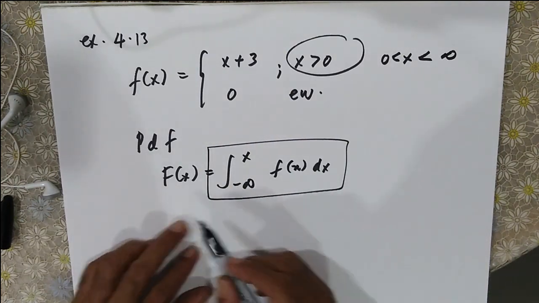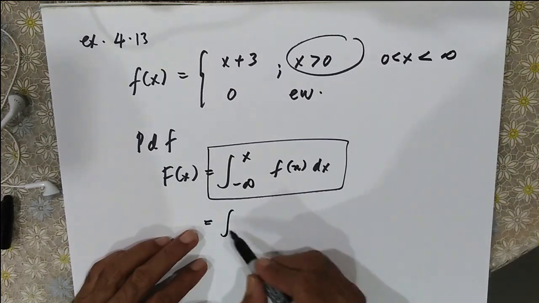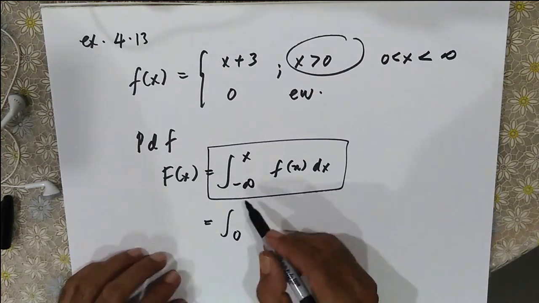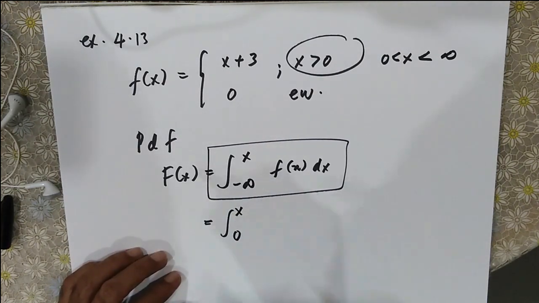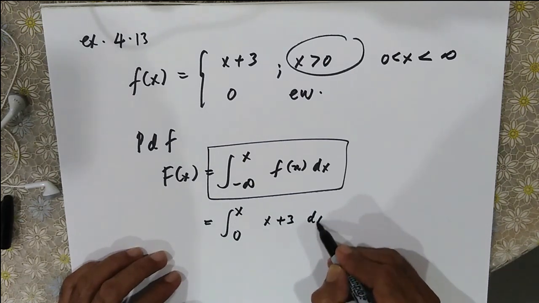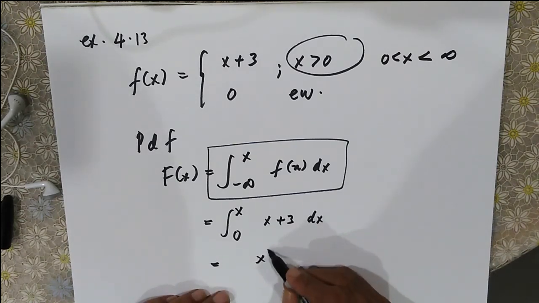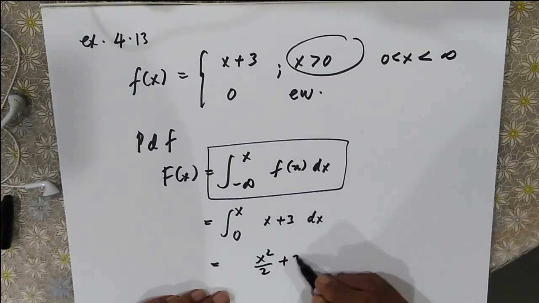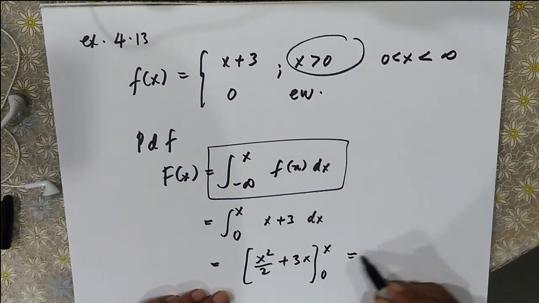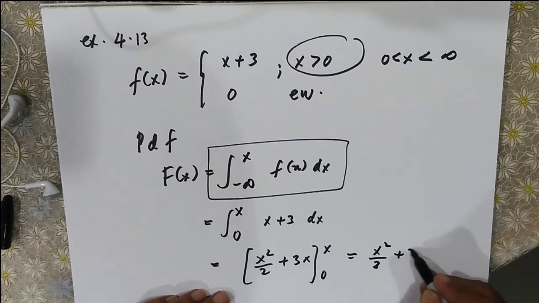So to find capital F(x), you just substitute. Instead of negative infinity, our lower limit here is 0. Then the upper limit remains x, and the function is x plus 3 dx. If you integrate here, you get x squared over 2 plus 3x. Substituting 0 and x, I will have the answer x squared over 2 plus 3x.